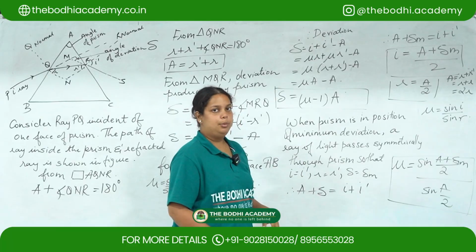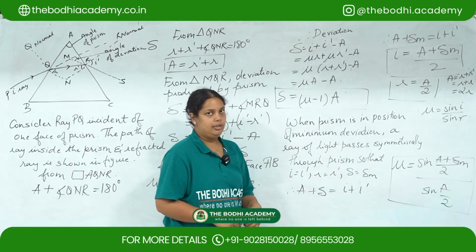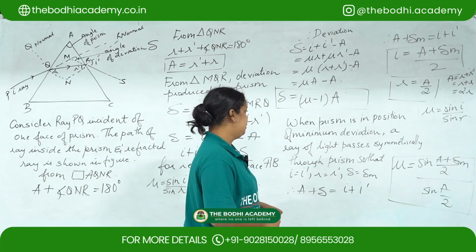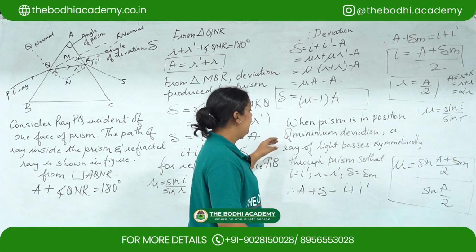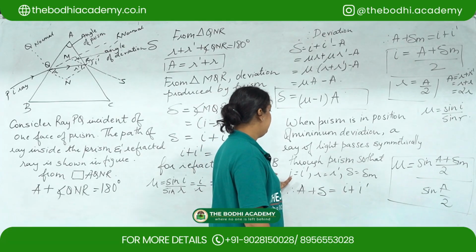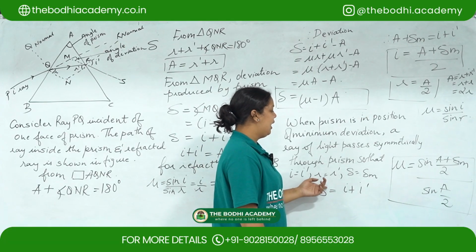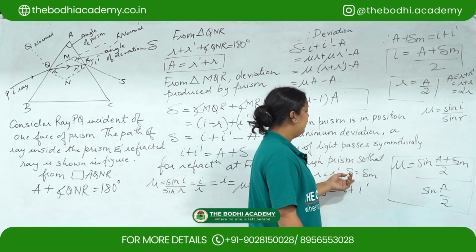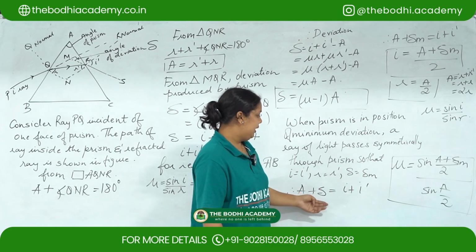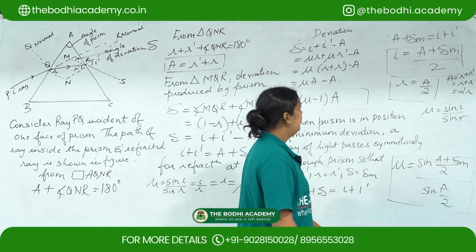When the prism is in the position of minimum deviation, so that is the second part of the question, a ray of light passes symmetrically through the prism, so that i is equal to i dash, r is equal to r dash, and delta is equal to delta minimum. So A plus delta is equal to i plus i dash.